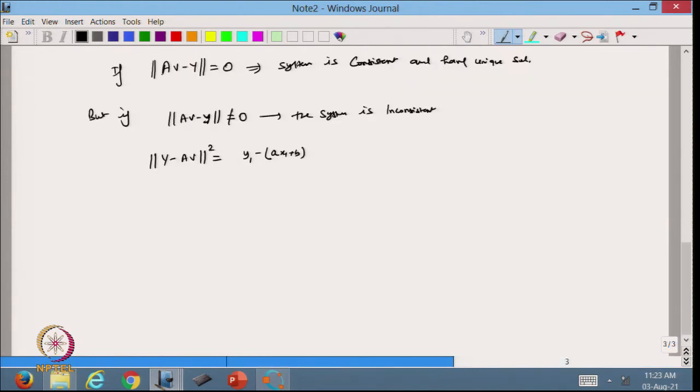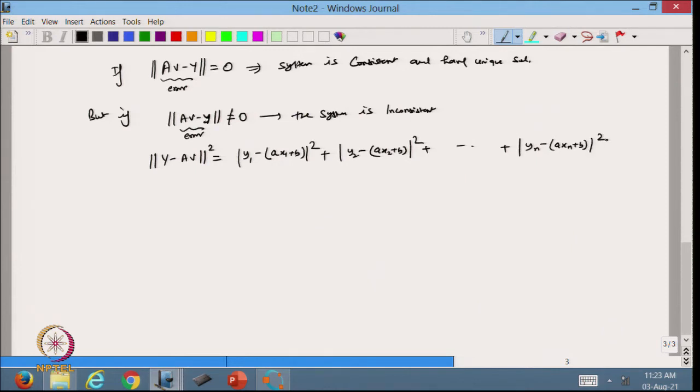So, this is equal to the square, because I am taking the 2-norm here. Then it will be equal to y2 minus (a x2 plus b) and yn minus (a xn plus b).